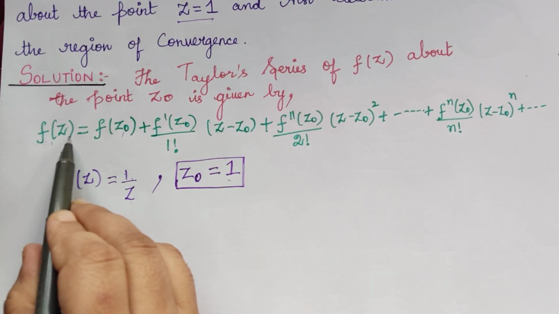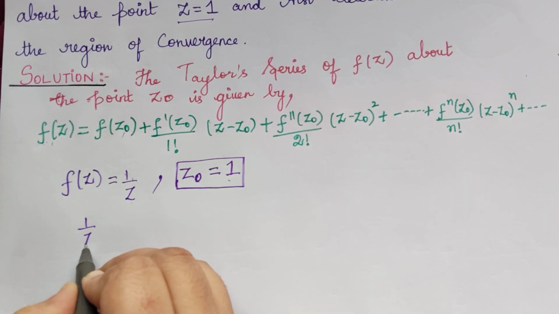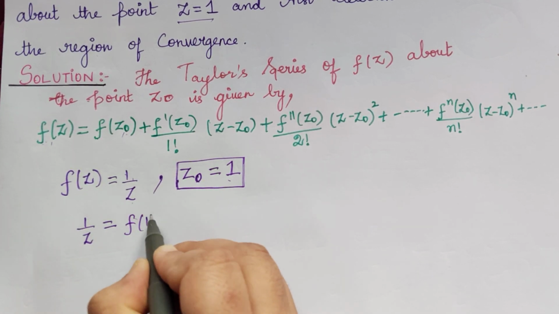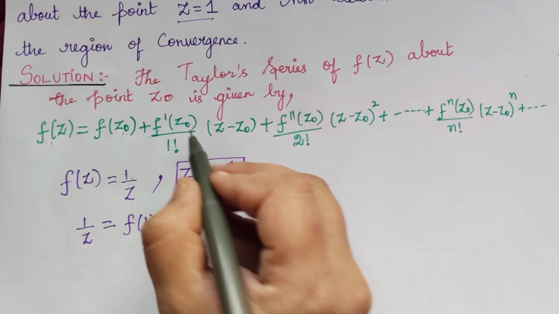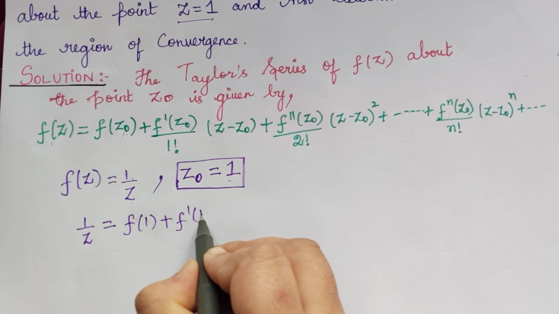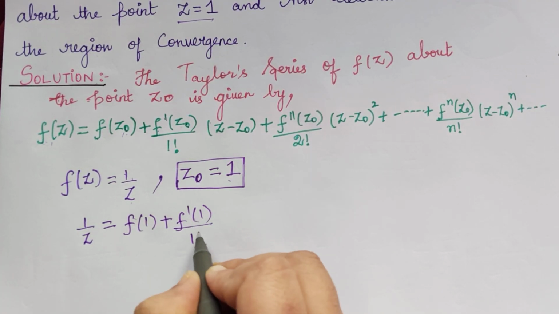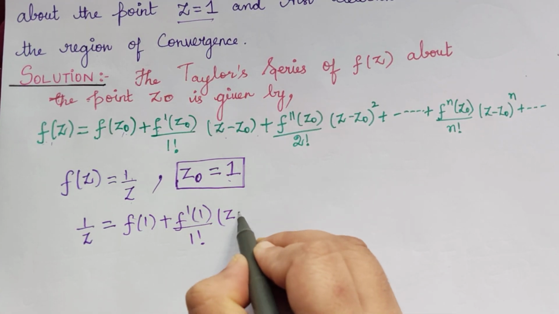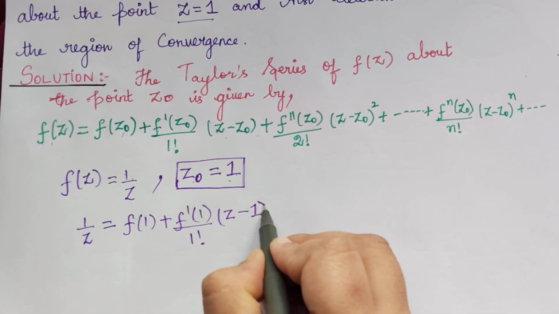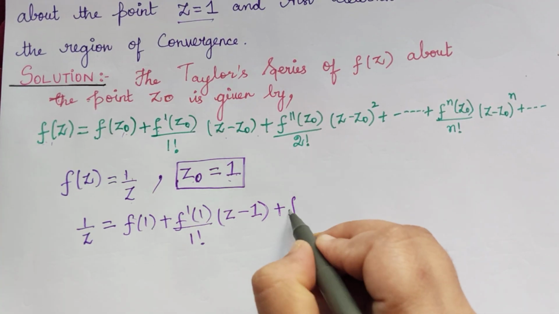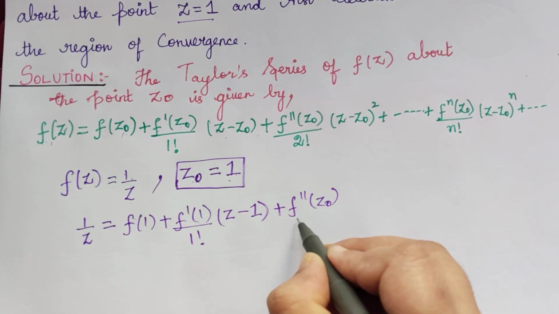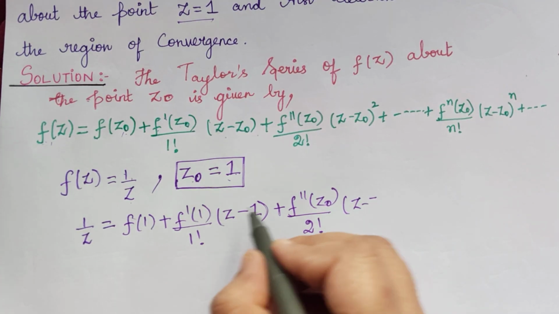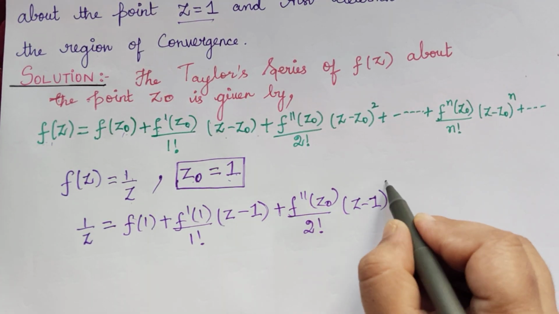So how does the expansion become? For f of z we write 1 by z is equal to f of z naught, so it will be f of 1, plus f dash of z naught, which means f dash of 1, divided by 1 factorial multiplied with z minus z naught, which is z minus 1, plus f double dash of z naught divided by 2 factorial multiplied with z minus 1 the whole square.